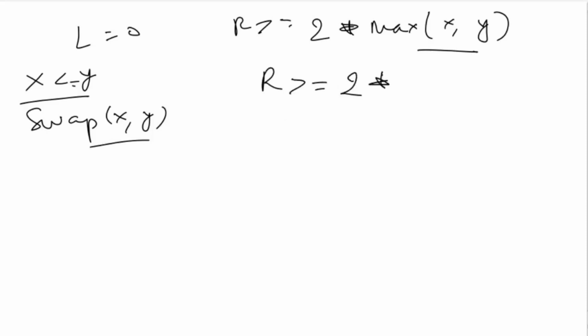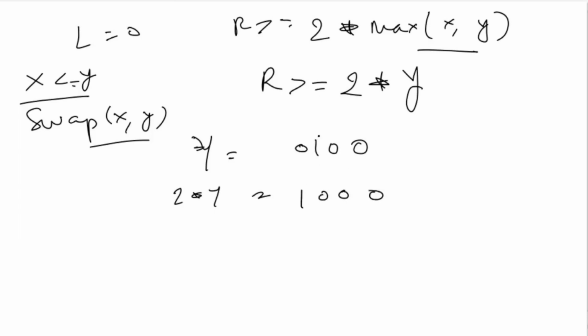What does this statement mean, that R is greater than or equal to 2 into y? Suppose our y is 100 in binary. Then 2 into y will be 1000, that is, we have shifted all the bits of y one unit to the left.